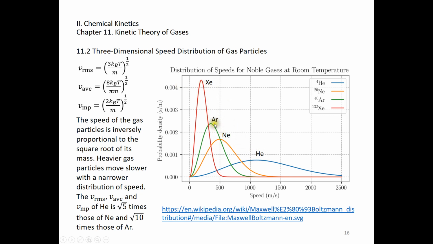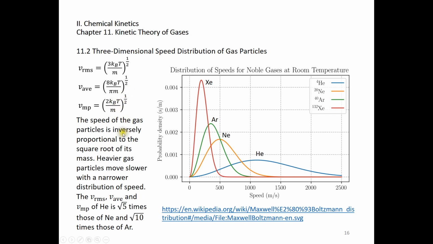If you take the ratio between those, it's going to be the square root of 1 over 132 versus the square root of 1 over 40 versus the square root of 1 over 20 versus the square root of 1 over 4. You see, this is proportional to the square root of 1 over the mass.